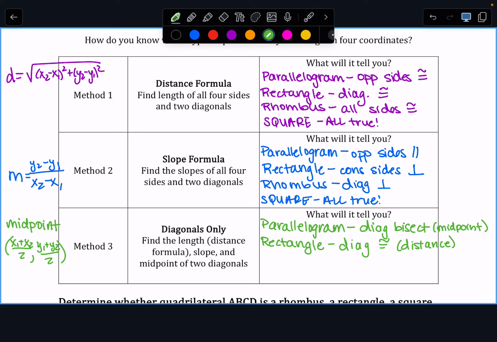The distance is going to tell you, do we have congruent diagonals or not? And then what about a rhombus? What's true about the diagonals? Diagonals are perpendicular, so you would find the slope.